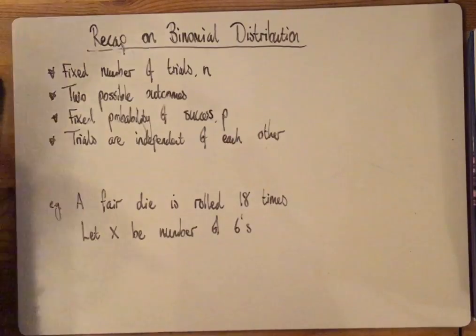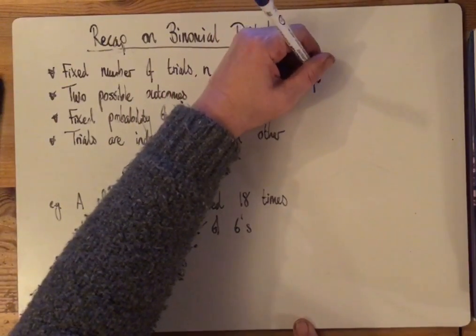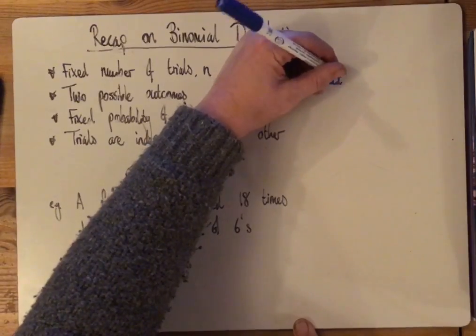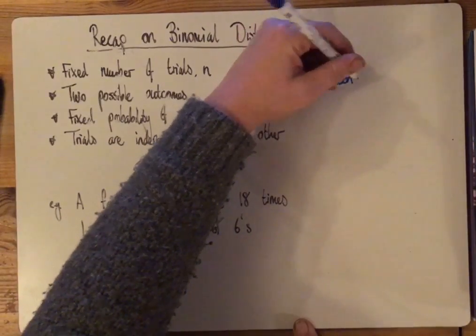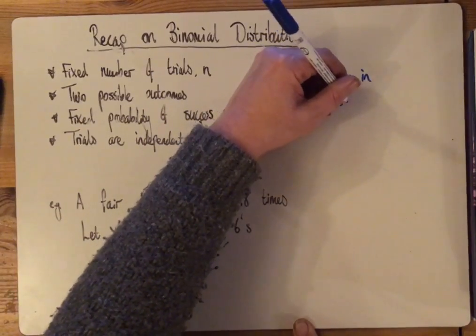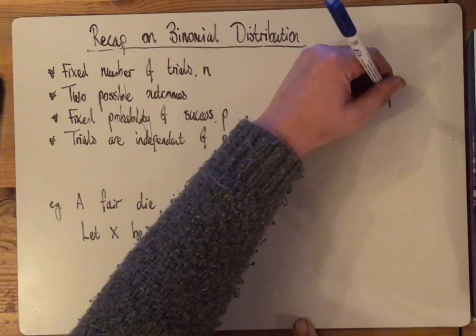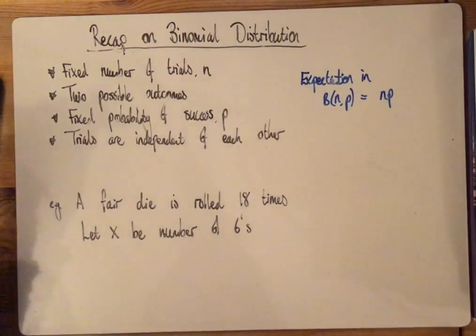Expectation, just to remind you: the expectation in a binomial distribution, so this is like how many sixes I'm expecting to get, is n times p.